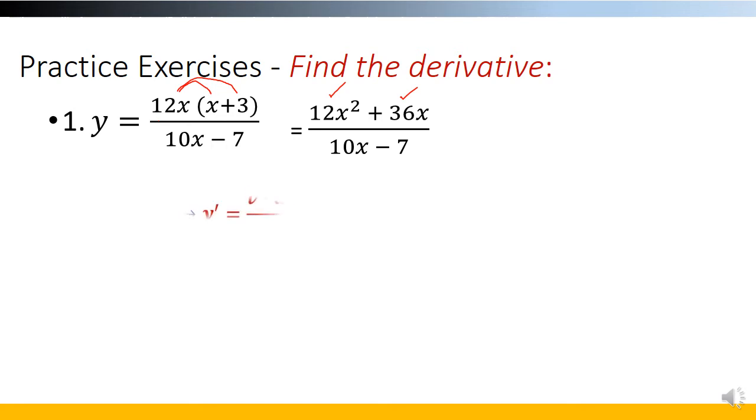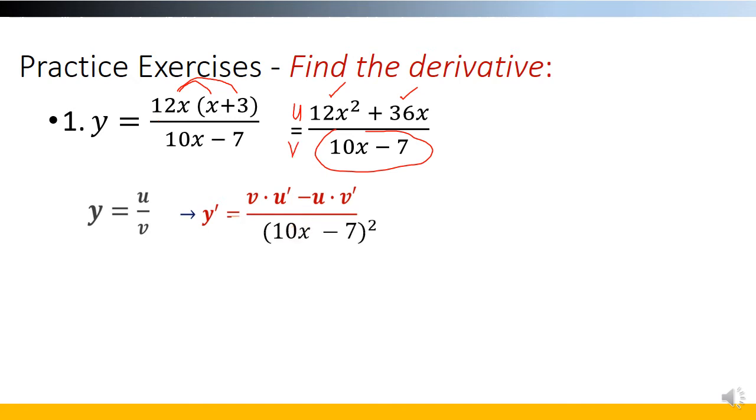So we will be applying the quotient rule. Quotient rule, so we need to square the denominator. Again, denominator is this one. This is our v. Okay, so this is our u and this is our v. Okay, so if we get our v squared, ayun siya.